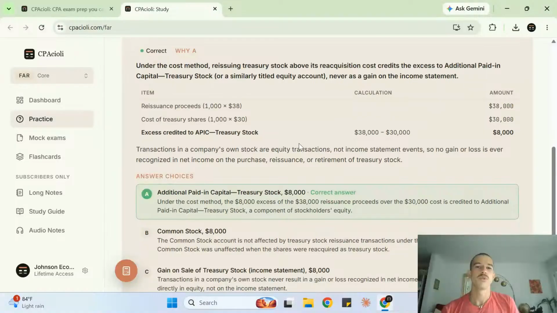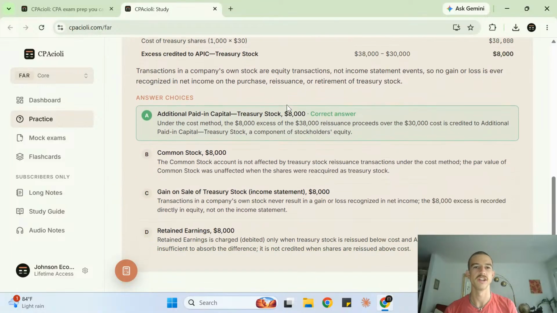Under the cost method, reissuing treasury stock above its reacquisition cost credits the excess to additional paid-in capital. Treasury stock, or a similarly titled equity account, never has a gain on the income statement. But if it wasn't the cost method, there could be gains.